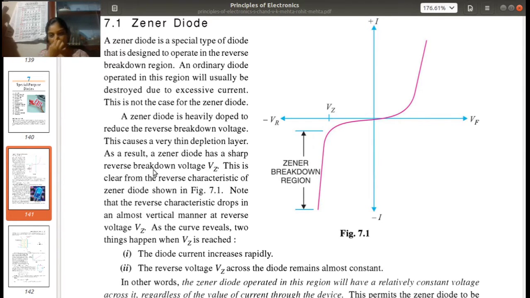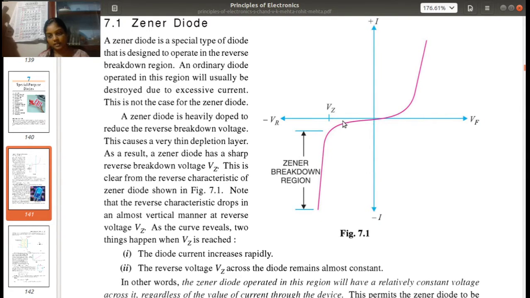So what happens is, whenever we apply a reverse voltage, at a particular voltage, that is at Vz, electrons are pulled out from the atoms, and then a large current starts flowing in the circuit in the reverse direction.